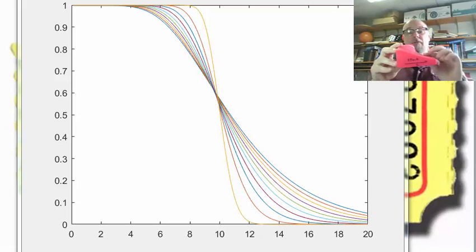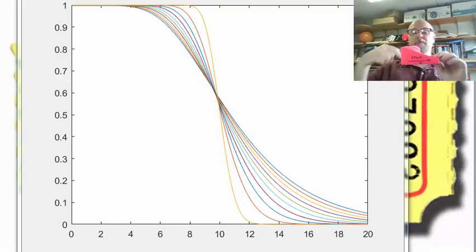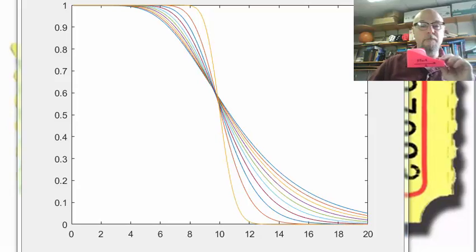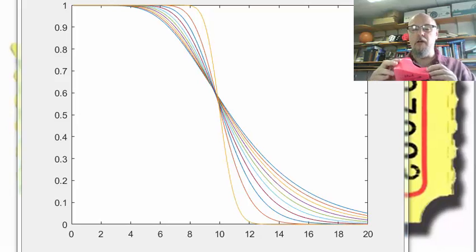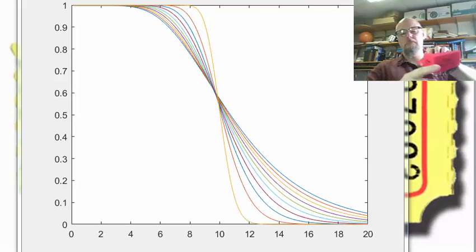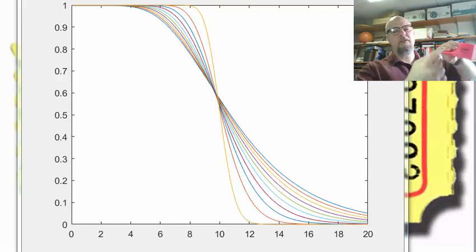Now you're looking at it backwards. Time is going this way, stock value is going this way. The actual function that we're graphing is a solution to the Black-Scholes partial differential equation with that particular digital payoff of 1 and then 0 after 10.